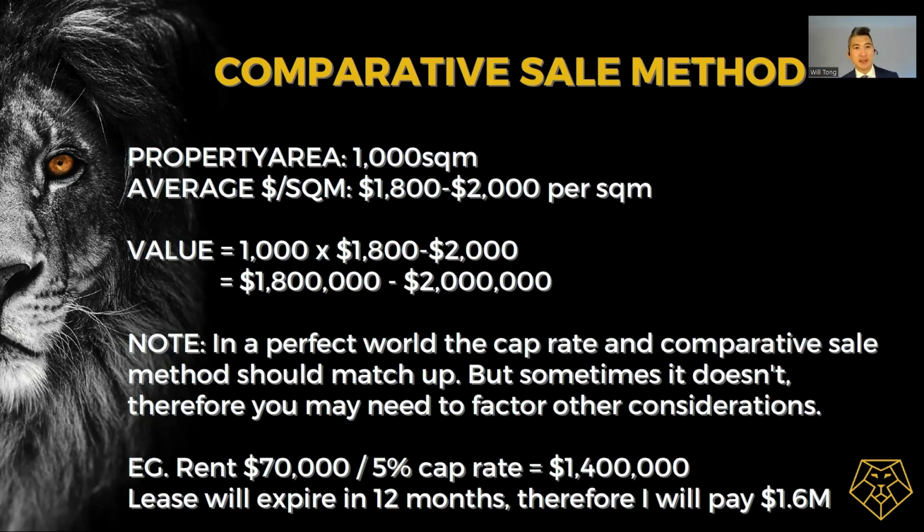Okay, so let's say the property size is 1,000 square meters, and we've determined that the average price per square meter of comparable sales is somewhere between $1,800 to $2,000 per square meter. So then the value of the property is simply 1,000 square meters times 1,800 to 2,000, which equates to somewhere between $1.8 million to $2 million.